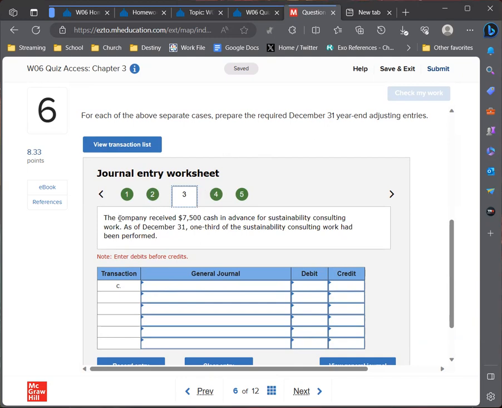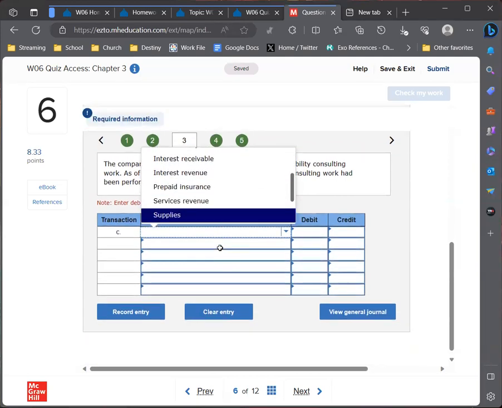Okay, this one says the company received 7,500 cash in advance for sustainable consulting work. As of December 31st, 1/3 of the sustainable consulting work had been performed. Like I was saying earlier, this one is tricky if you don't read the full question. So we're going to start out with unearned revenue. Where is that?